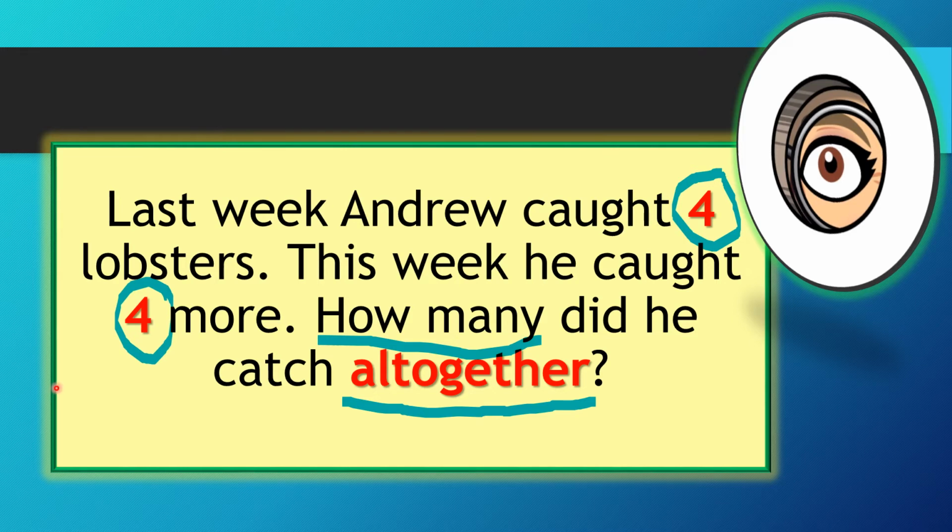If you look closely, the numbers I have circled are 4 and 4. I've also circled how many altogether. The keywords how many altogether suggest that we have to add. We must use a plus sign to add.